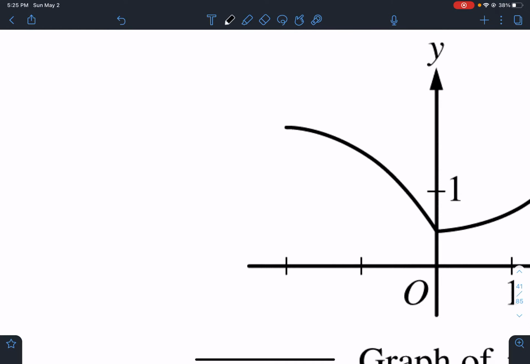If we look at the graph on the left side of x equals 0, we can see that the slope f prime starts out around 0, and it gets steeper and steeper in the negative direction. So f prime is decreasing when x is less than 0. That's the same thing as saying f double prime of x is less than 0. So it's going to be concave down here.